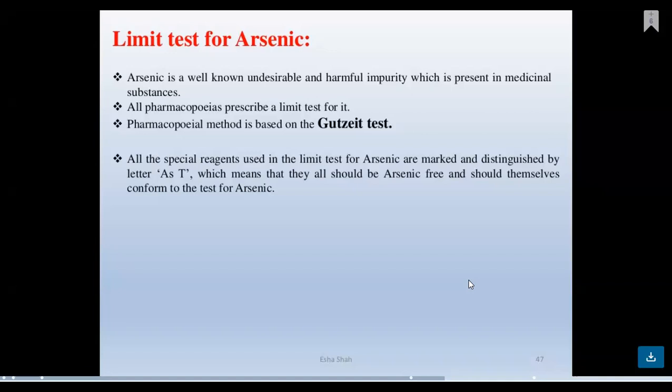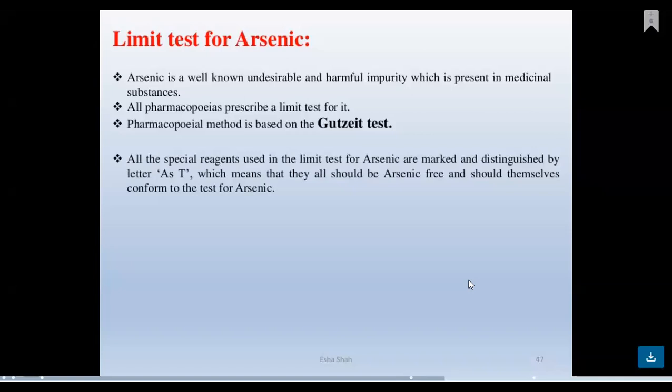If the reagent has impurity, say for example potassium iodide, hydrochloric acid or nascent stannous chloride, that is, if the reagent has arsenic impurity, then we are not going to be able to distinguish the impurity which is present in the medicinal substance, that is the inorganic one, and the impurity which is present in the reagent.